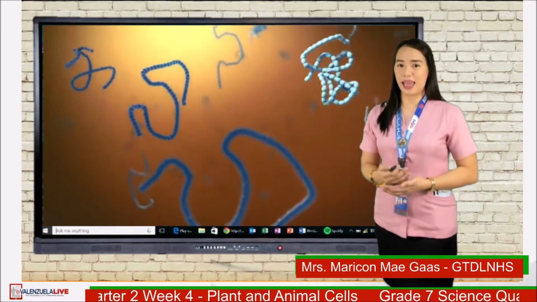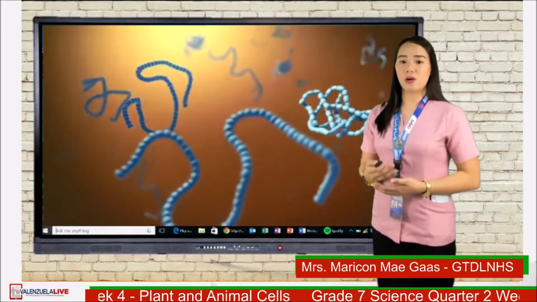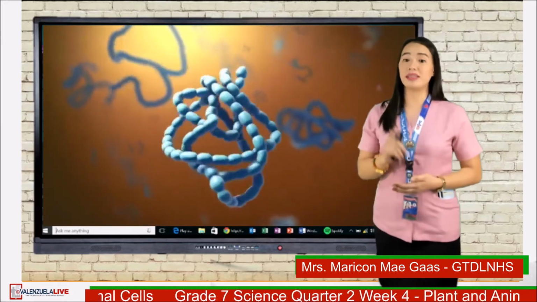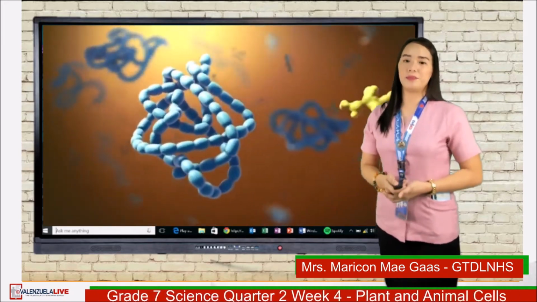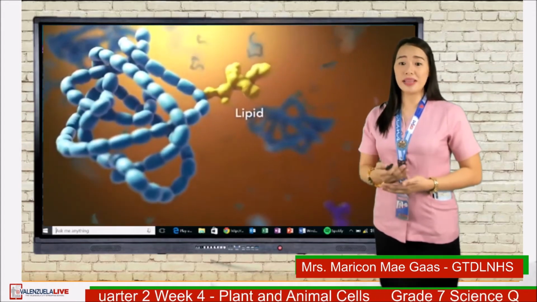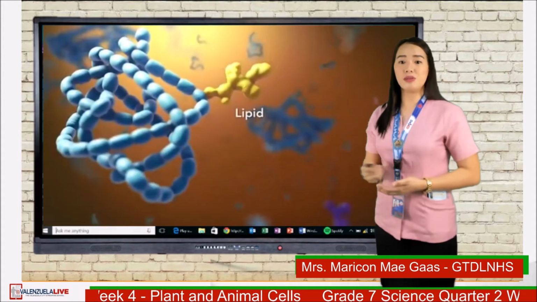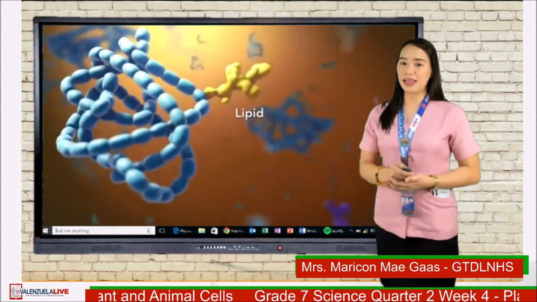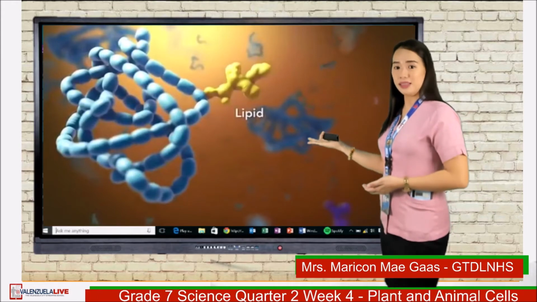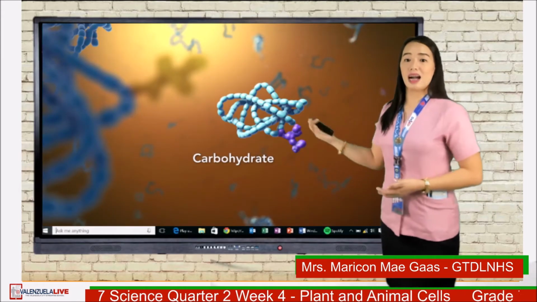As proteins move through the Golgi body, they are customized into forms that the cell can use. The Golgi body does this by folding the protein into usable shapes or adding materials onto them such as lipids and carbohydrates.